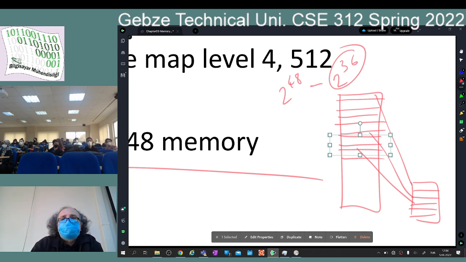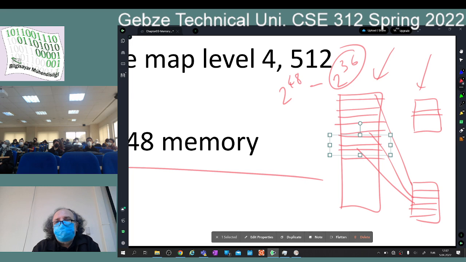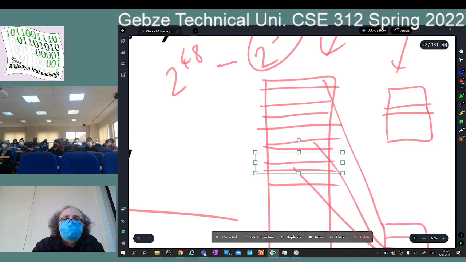Okay, when I get the virtual address here, okay, hash it up, and use a small table like that. Okay, get this one, and this hash table will tell you that, okay, I have it. And one type of hash table is, remember that the ones that use the linked lists, okay, say that, okay, your place is here, and I'm going to give you a linked list of pages, okay, page table entries, and you can use them.